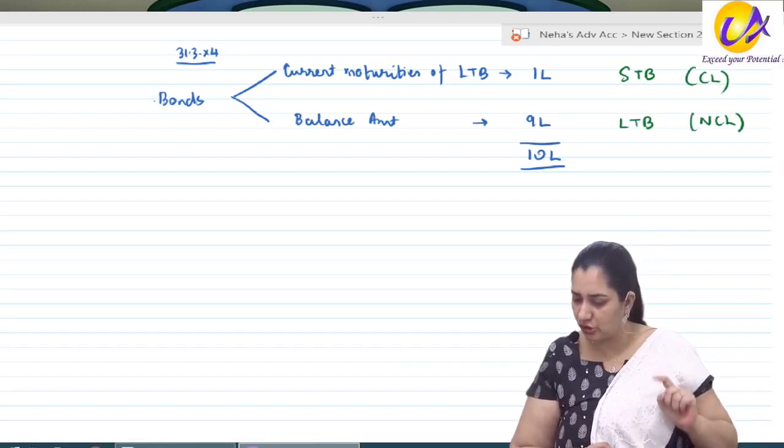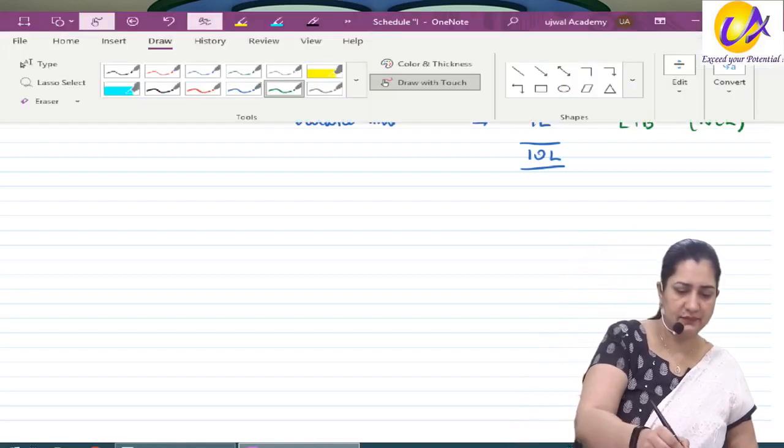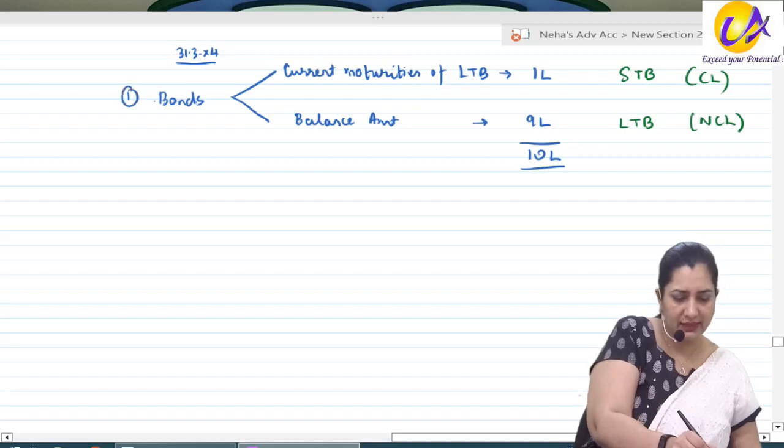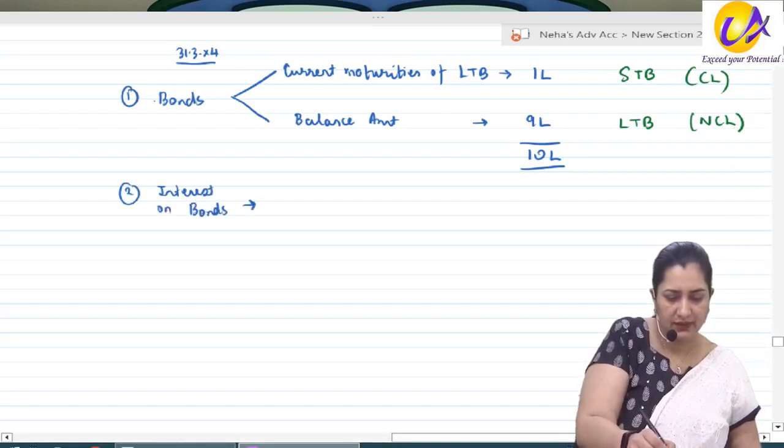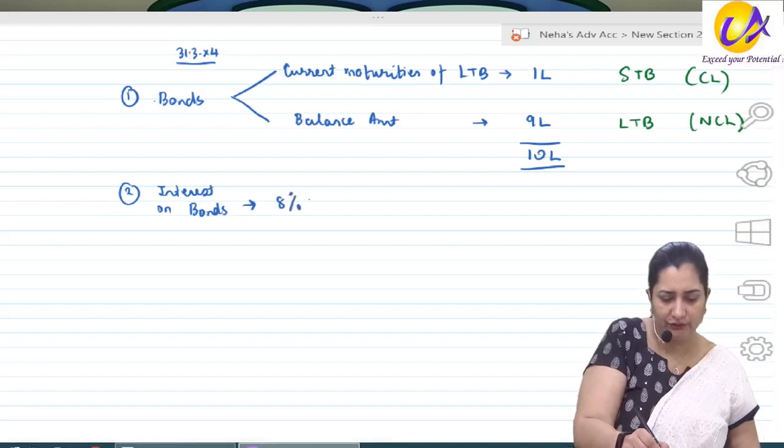Plus we have interest also, correct? So first we have this, and second we are having the interest on bonds. It is 8% of 10 lakh.